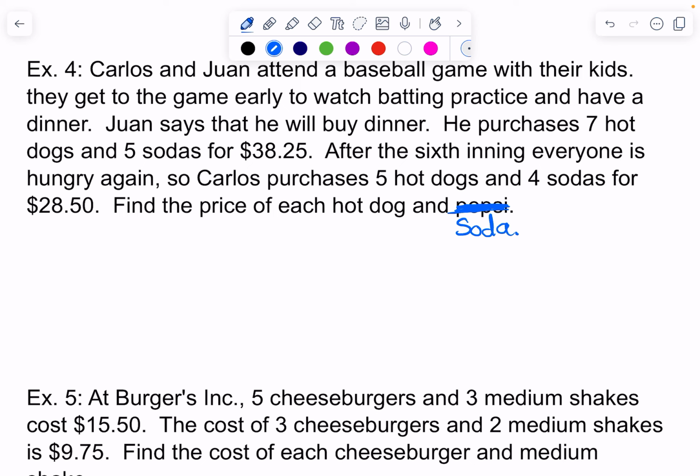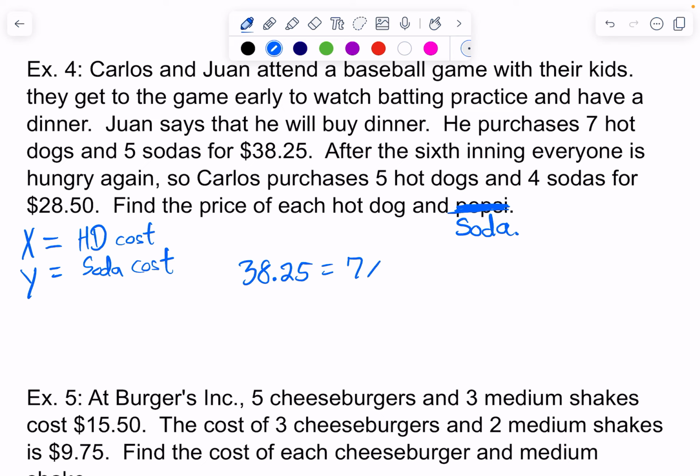Well, first things first, let's label our unknowns. Me personally, I'm going to go ahead and say that X is the cost of the hot dogs and Y is the soda cost. So if that's the case, I know that Juan paid $38.25 for 7X hot dogs and 5Y sodas.